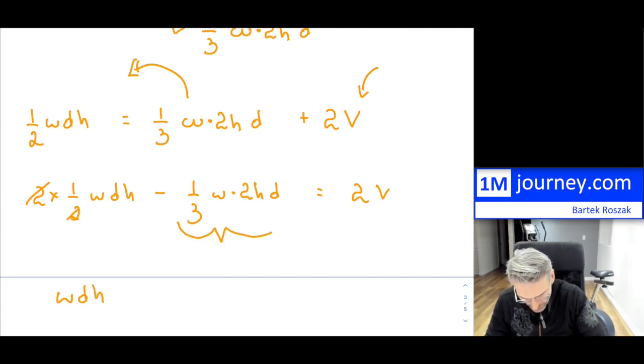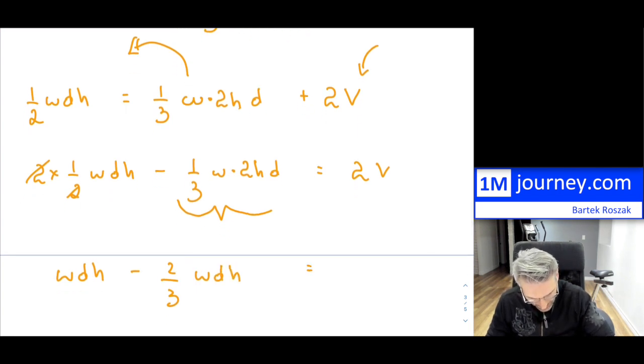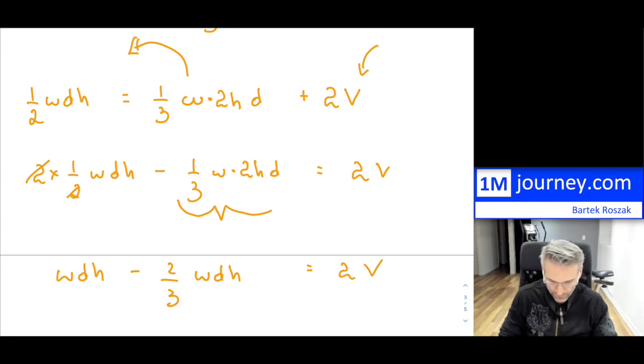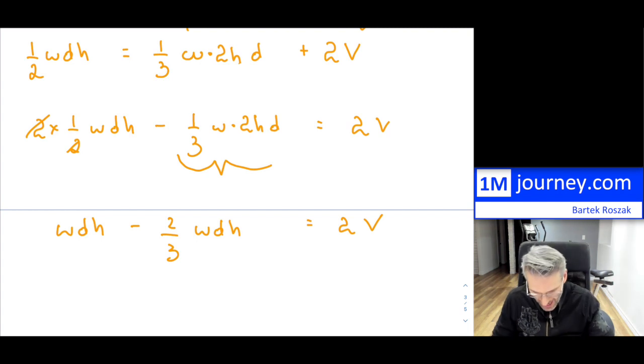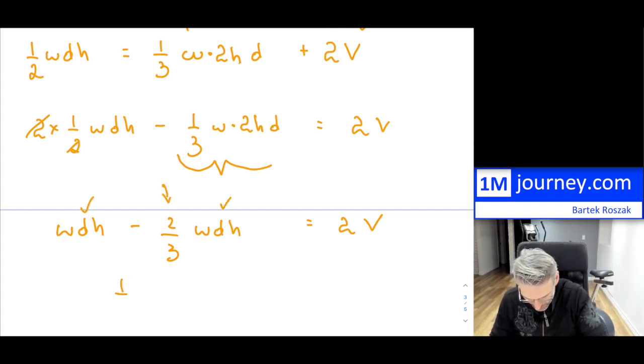And then this is going to be minus 2 over 3 W, and again notice DH right there. That's what I have within here. So that's 2V for that. So now notice WDH, I have a 2/3, so this is going to be 1/3 of WDH.